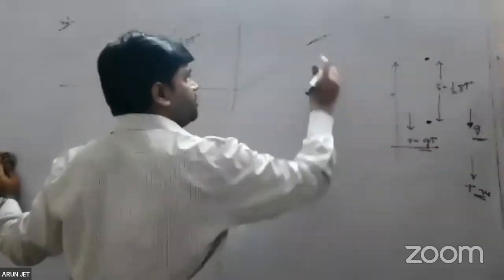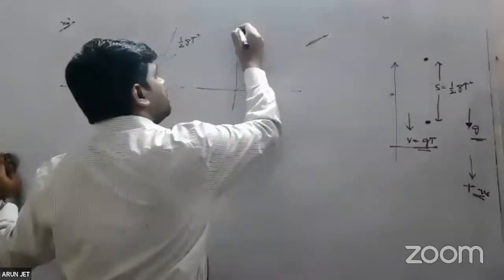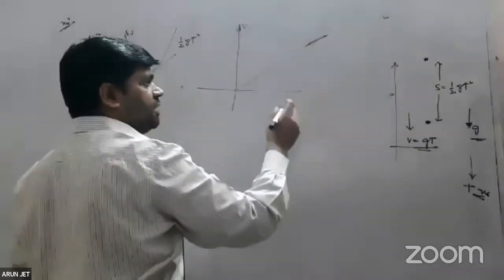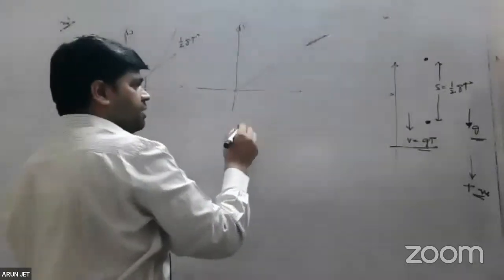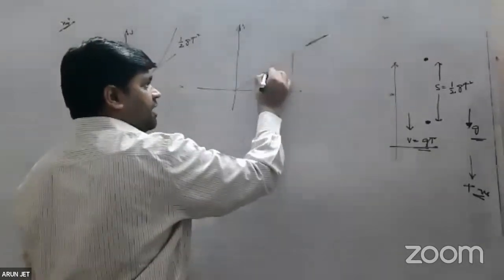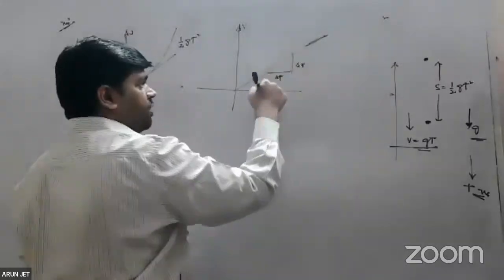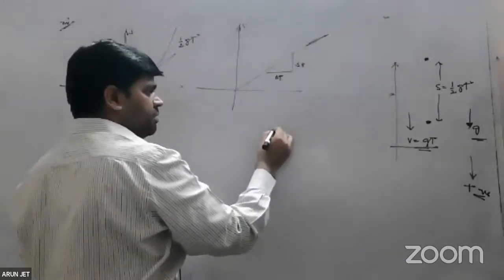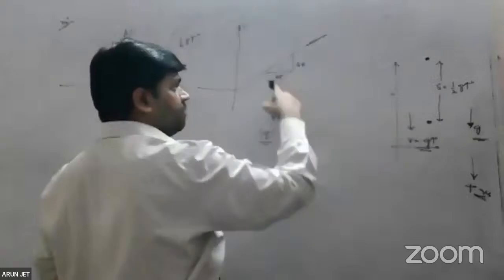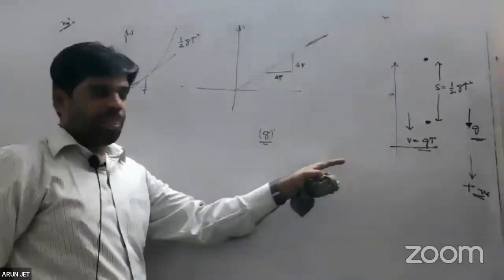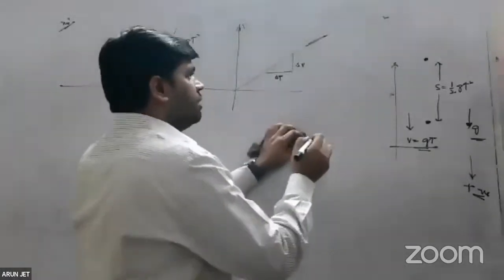The straight line passing through origin is v. If I further differentiate this, if I find delta v by delta t, what do we get? g. What is the slope of this line? The slope of the vt curve is g, right? So what do we get now?